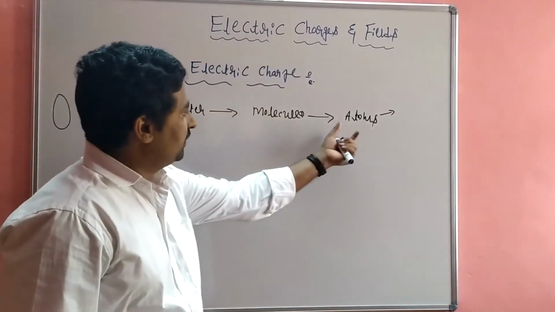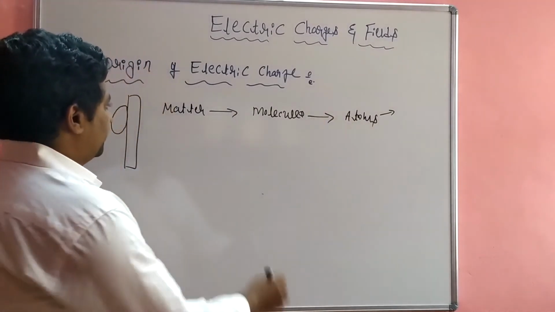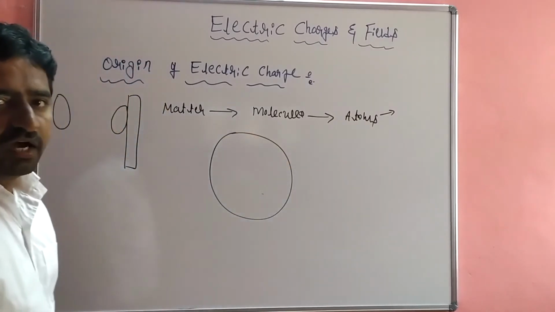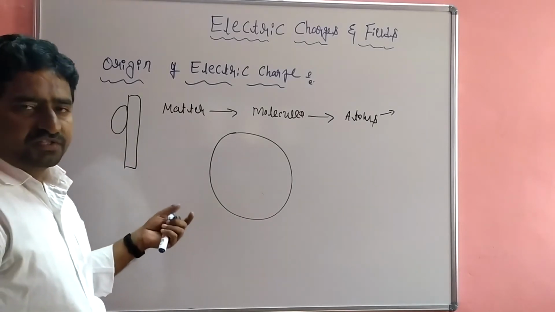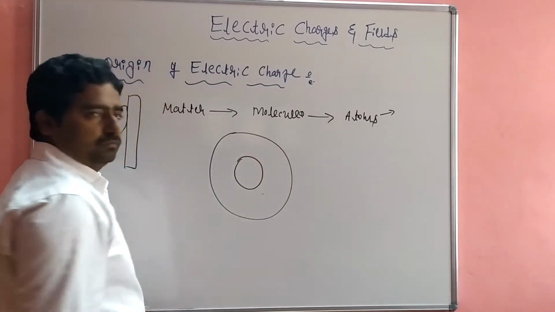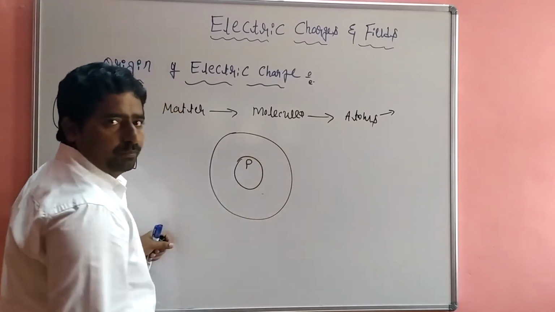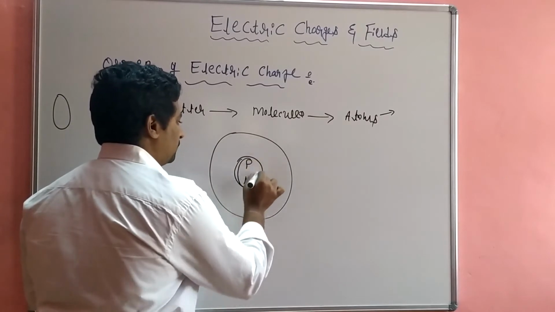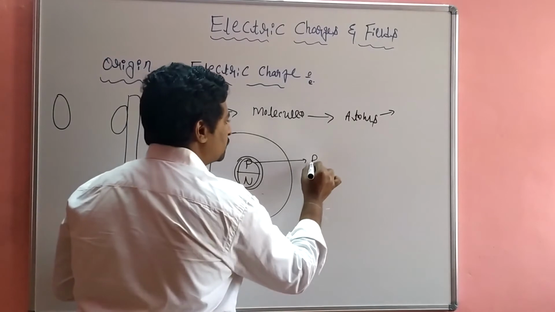Let's see the smallest indivisible particle, the atom. The major part is concentrated in the nucleus. The nucleus mainly consists of protons and neutrons.